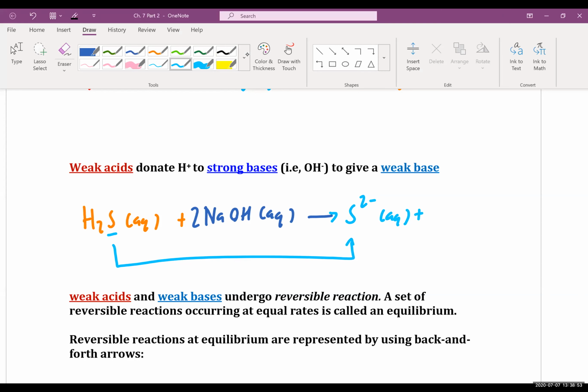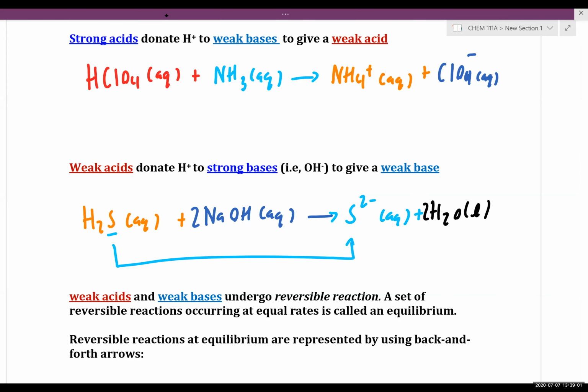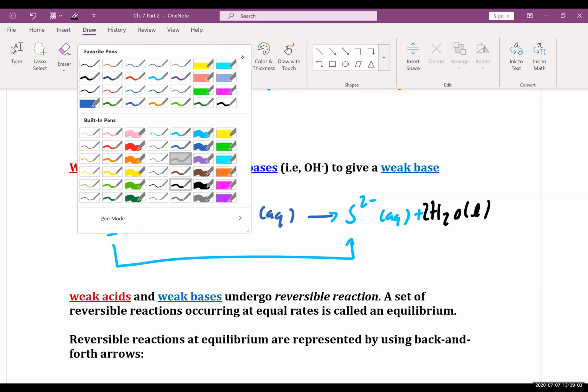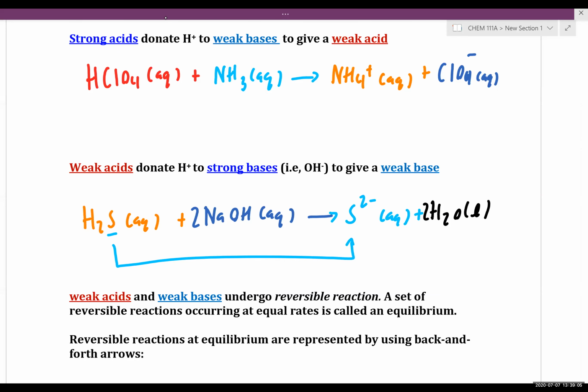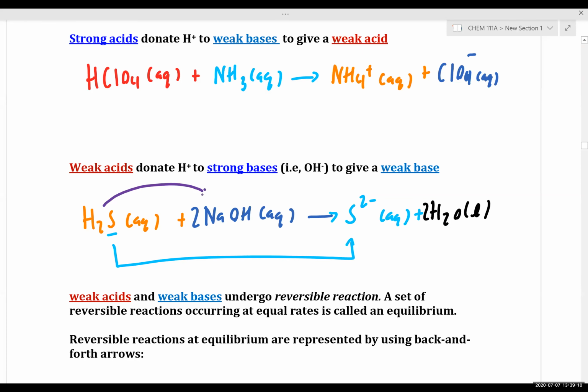And we'd also generate as a byproduct water. Again, acid-base reactions are characterized by the transfer of a proton, by the transfer of H+ from our acid to our base.